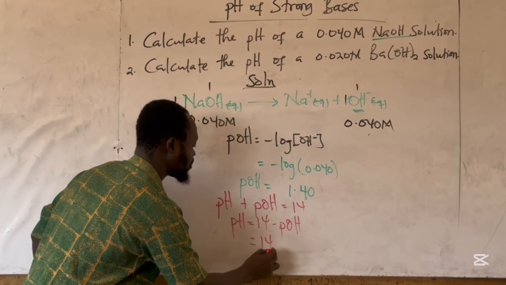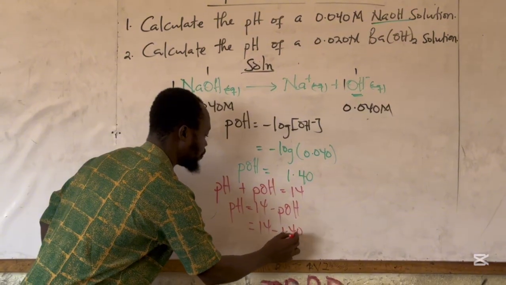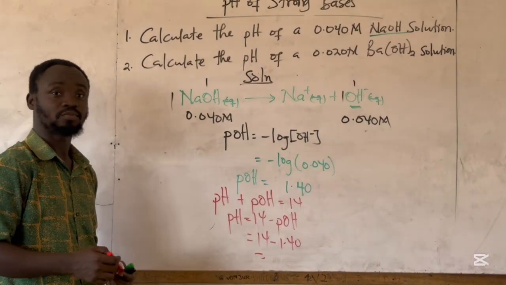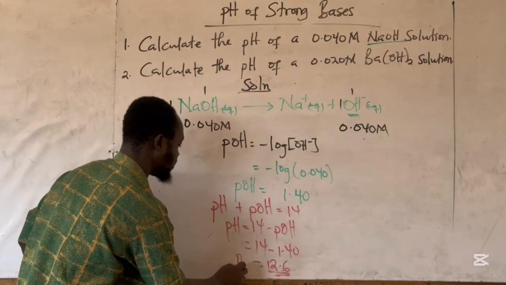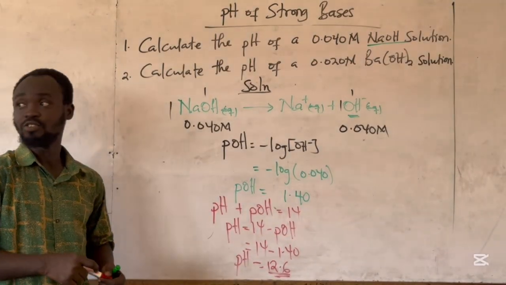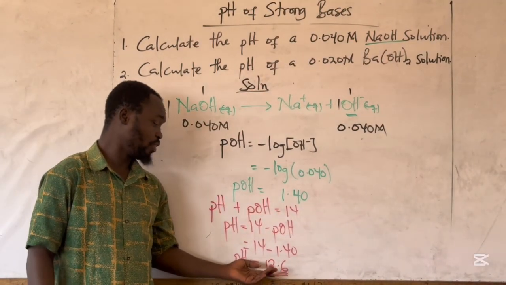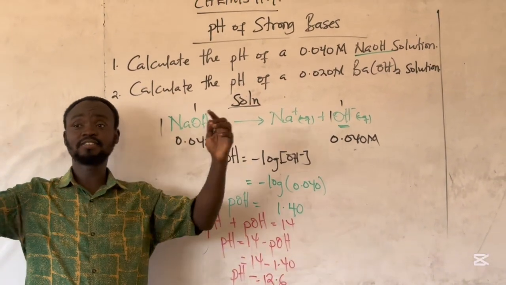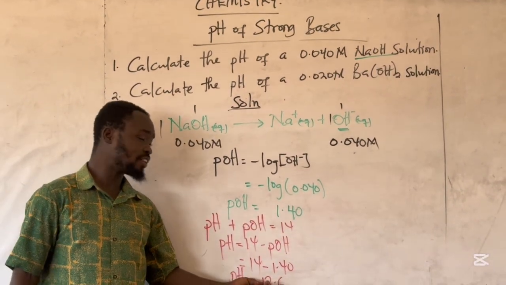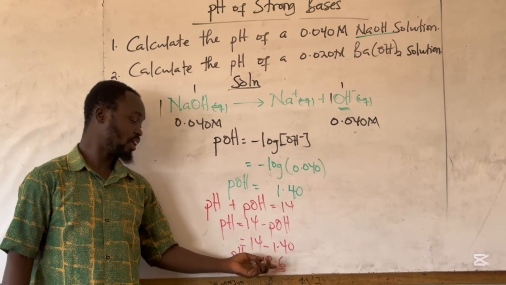And that's equal to 14 minus 1.40. And what answer do we have? We have 12.6 as the pH of this solution. Once we look at the value of the pH on the pH scale, you know that it's strongly alkaline.